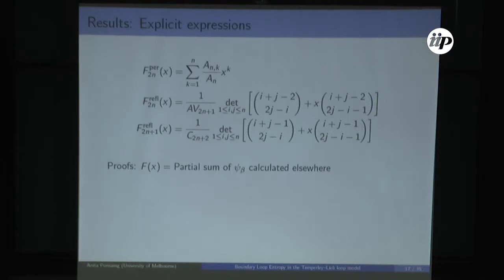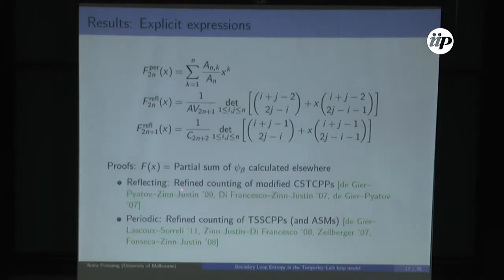So in the reflecting case, it was defined in this paper by Philippe Di Francesco and Paul Zinn-Justin, who gave this explicit determinant formula and proved it, but the x wasn't actually given any real physical meaning.